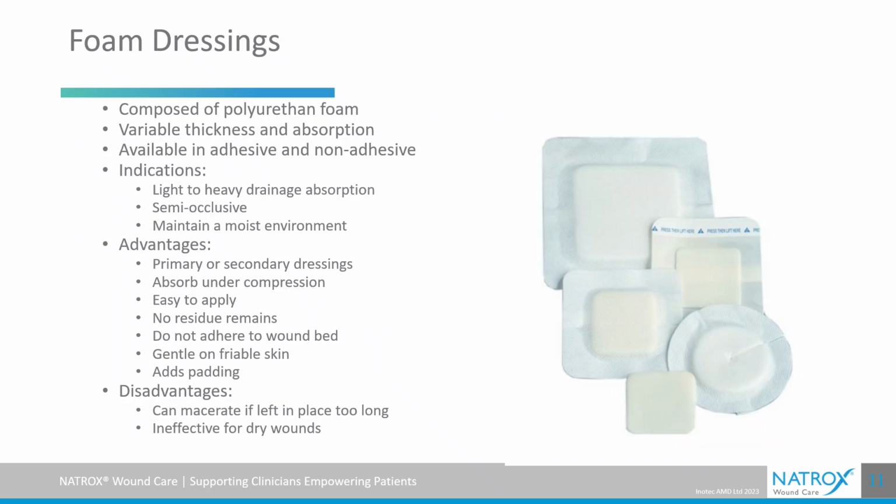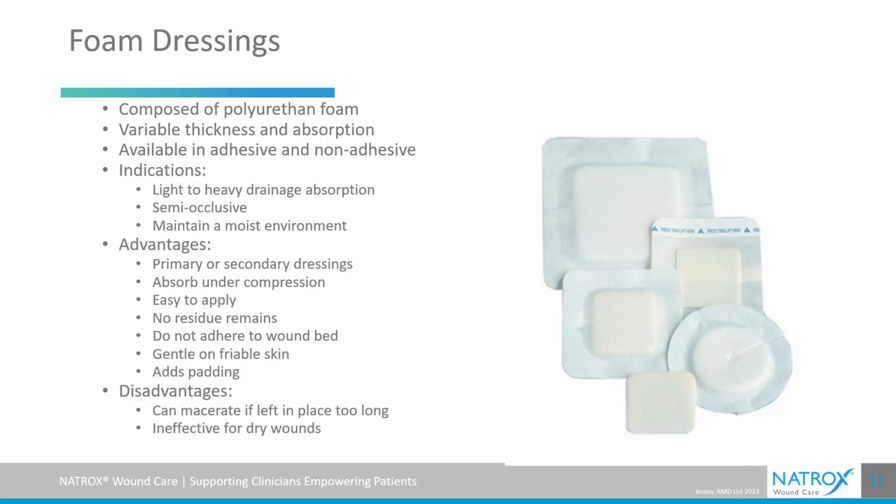Foam dressings are composed of polyurethane foam. They vary in thickness and absorption. They are available in both adhesive and non-adhesive. Indications are light to moderate to heavy drainage. They are semi-occlusive and they help to maintain a moist environment. Advantages are they can be used as a primary or secondary dressing.